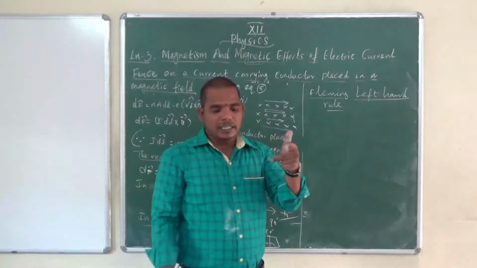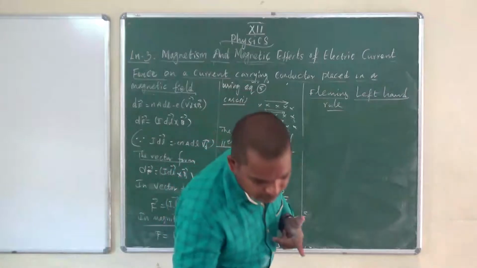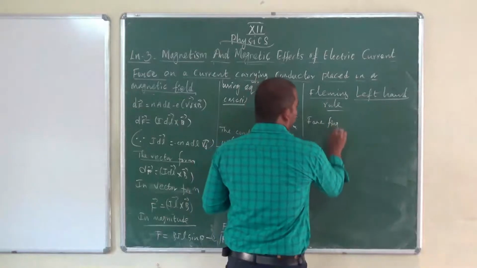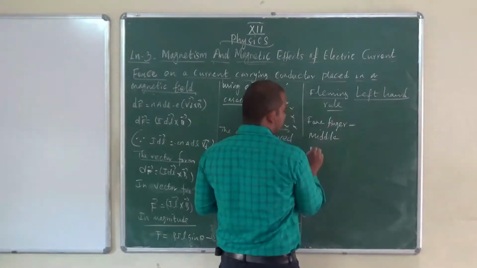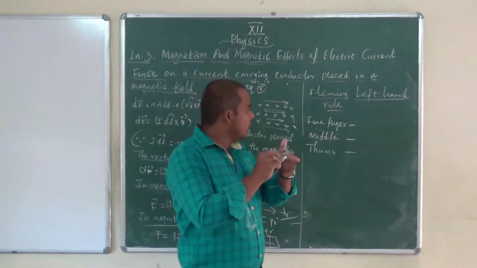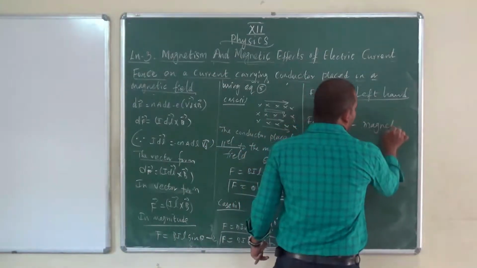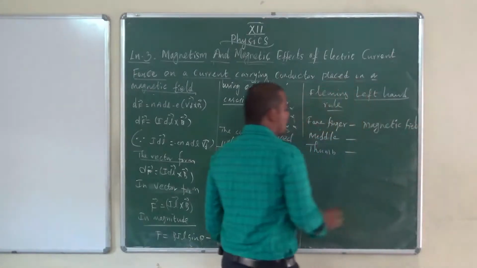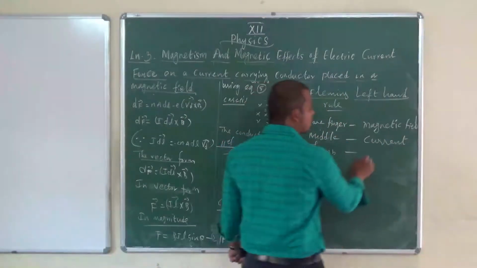The forefinger indicates the direction of the magnetic field. The middle finger indicates the direction of current. The thumb indicates the direction of motion of the conductor.